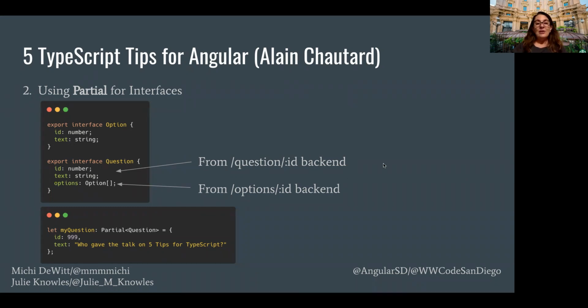You could make the options an optional property, but instead of doing that, you can do a Partial question. That way the compiler won't scream about the fact that you haven't provided the options, and then you can provide it. This will give you a way to build it up piece by piece instead of having to include everything in the interface at one point. That was something I didn't know either, so I thought that was pretty useful.